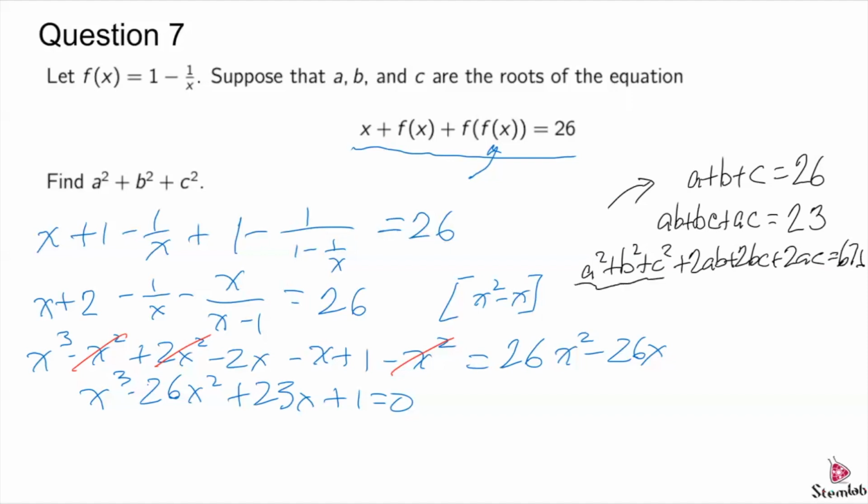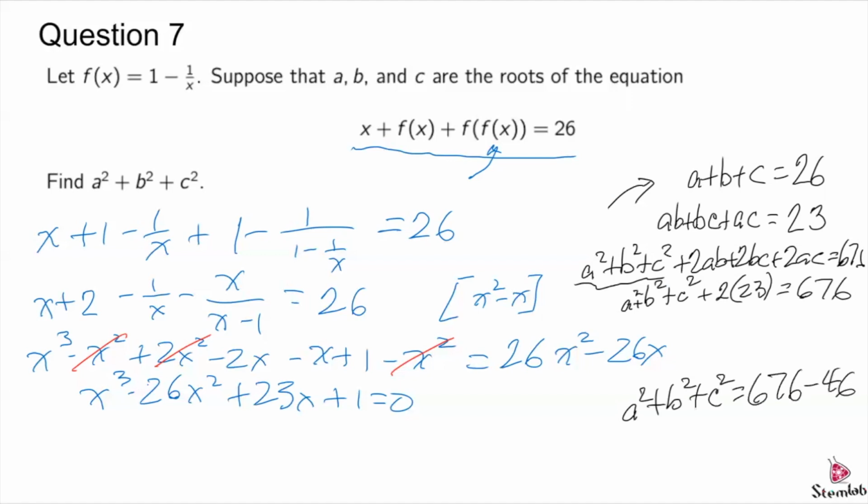But we also know what twice the sum of ab plus bc plus ac is. That's basically twice 23. So a squared plus b squared plus c squared plus twice 23 equals 676. That leaves us with a squared plus b squared plus c squared equals 676 minus 46, or 630.